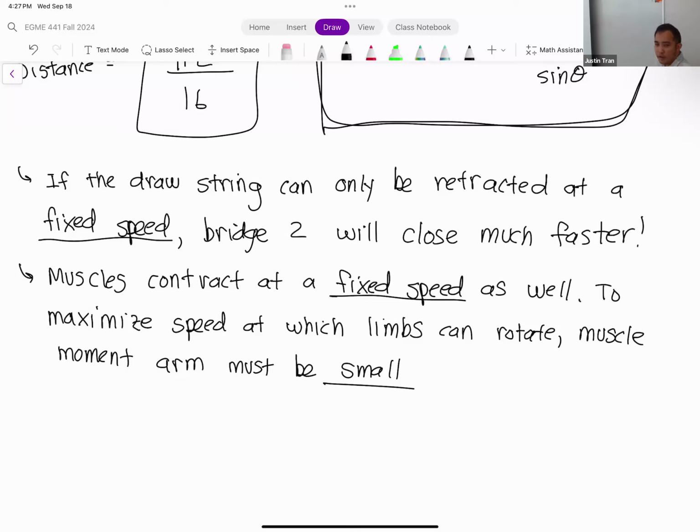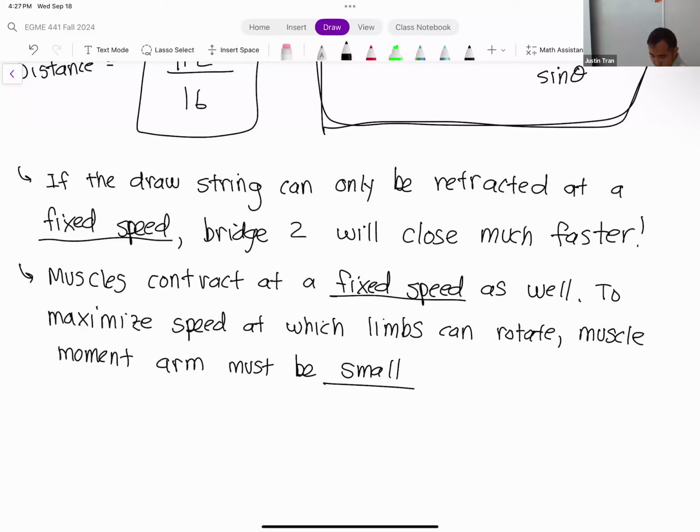Just because if our ancestors ever found themselves in a situation where they had to run away from a bear, or strike a tree to get wood or something like that, being able to rotate your limbs faster is a lot more advantageous.